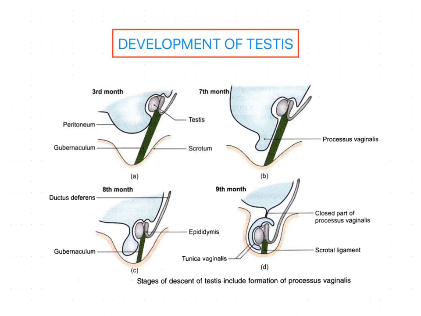The spermatogenic series of cells are derived from the endoderm of the dorsocaudal part of the yolk sac, that is endoderm simply, and cells of Sertoli are derived from epithelial cells, that is coelomic epithelium, and Leydig cells are mesodermal in origin.